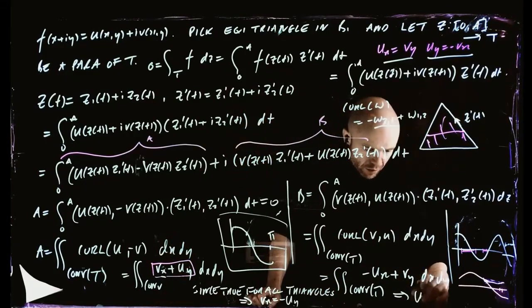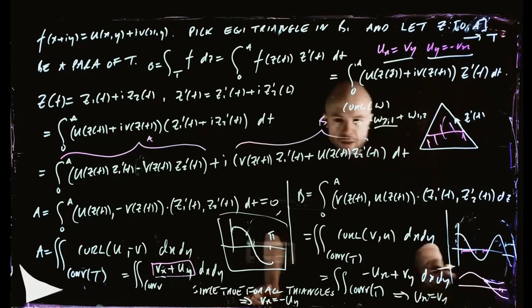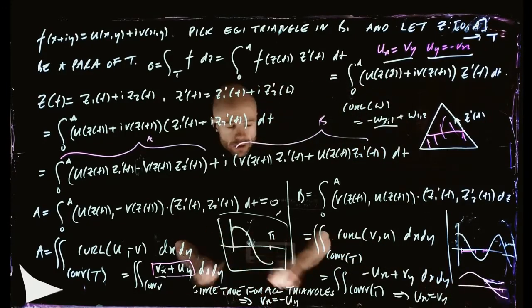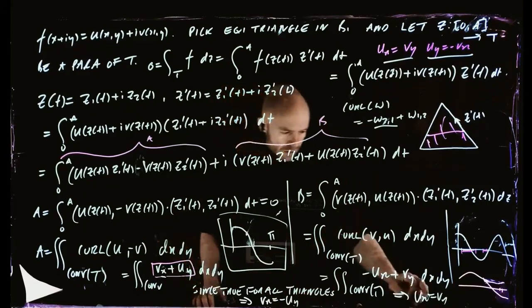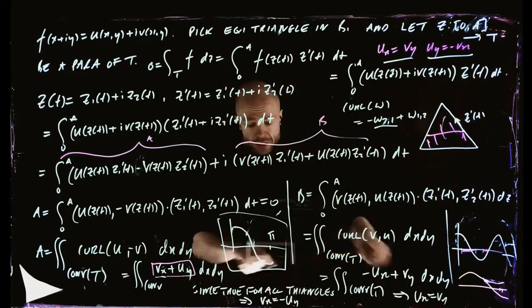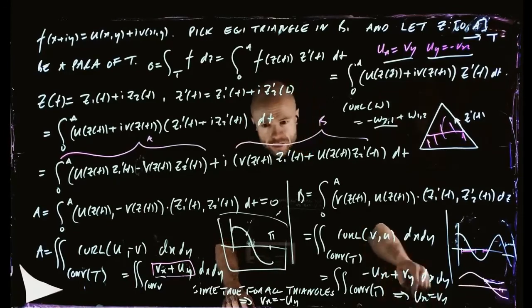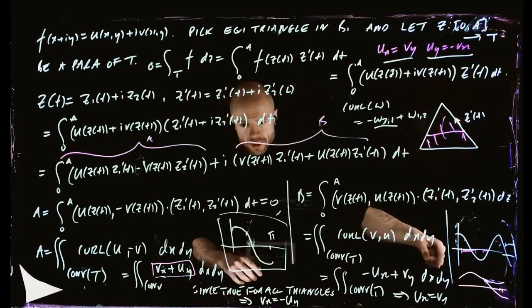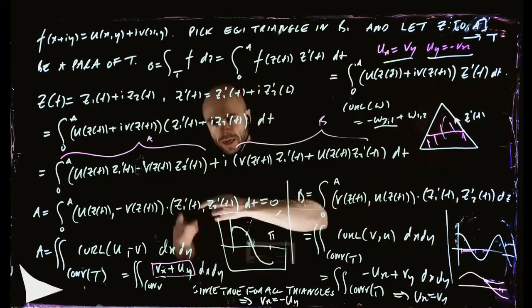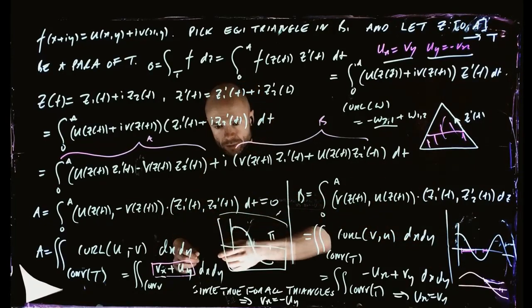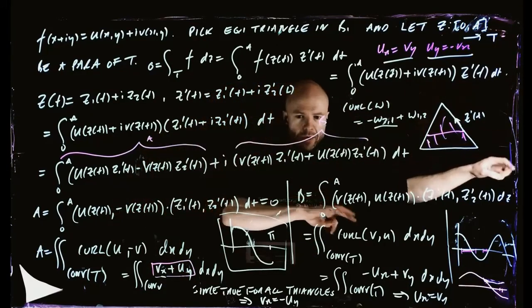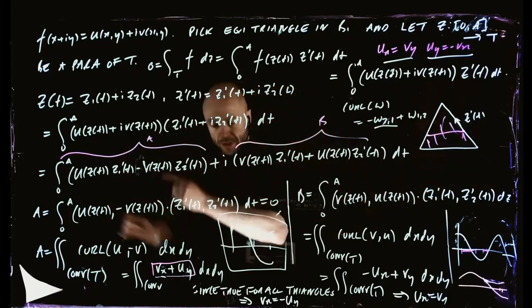And this implies that u of x equals v of y, and therefore we have the Cauchy-Riemann equations, okay? And it's a theorem I didn't tell you. It's actually a nice homework exercise, that if you have the Cauchy-Riemann equations for some function u, where the derivatives are continuous, then you can actually prove that that thing is complex differentiable. Okay, so we prove that if it's complex differentiable, it satisfies the Cauchy-Riemann equations. It's also true that there exists a converse.